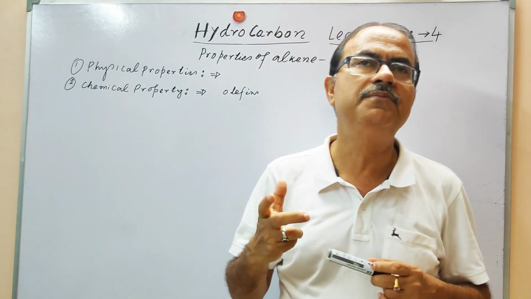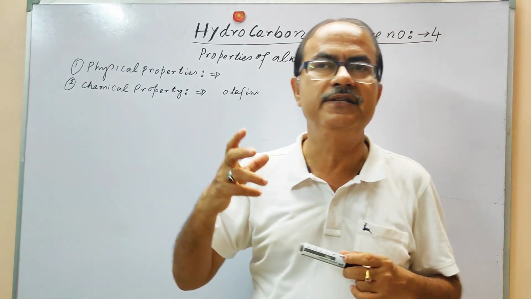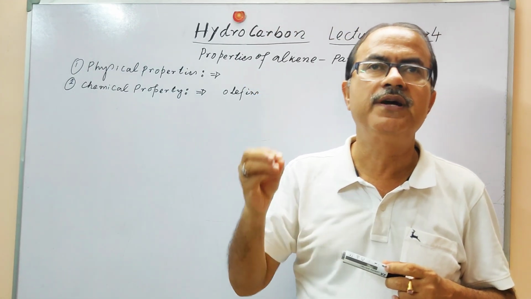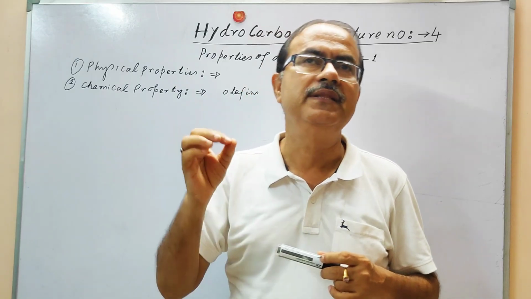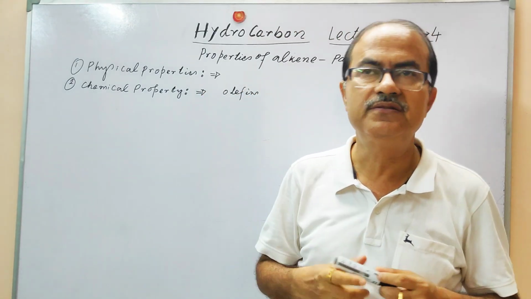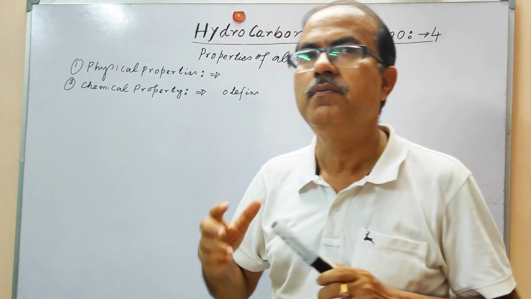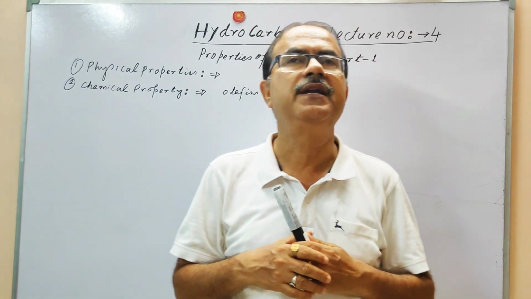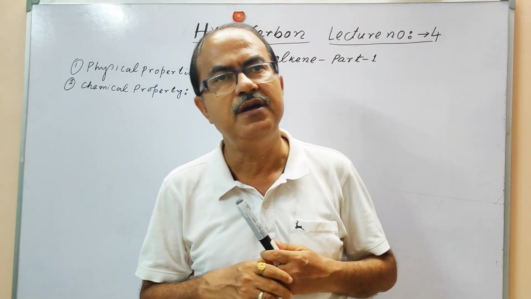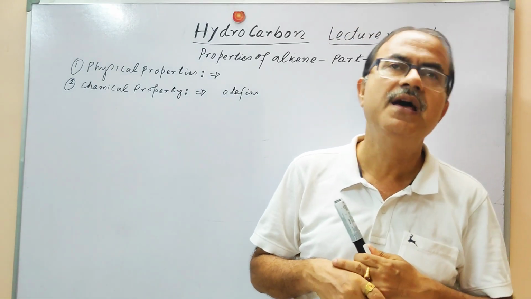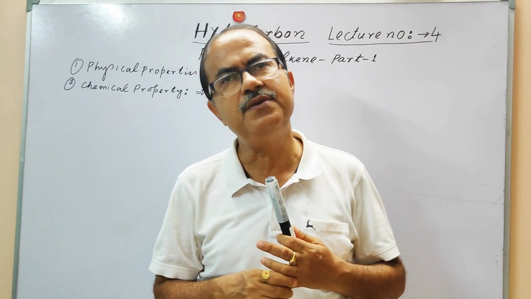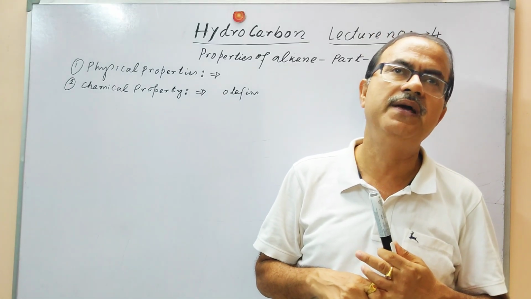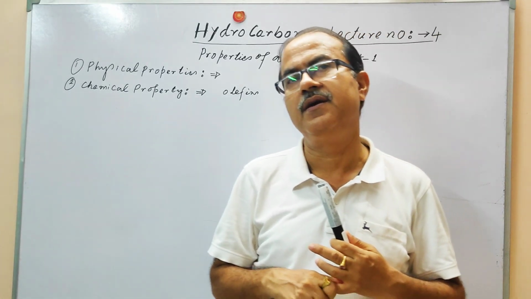That is observed in its reactions, that mainly it will undergo electrophilic addition reactions. So if we broadly classify the reactions of the alkene, first is electrophilic addition reaction, and sometimes free radical addition reaction is also observed with the alkene.